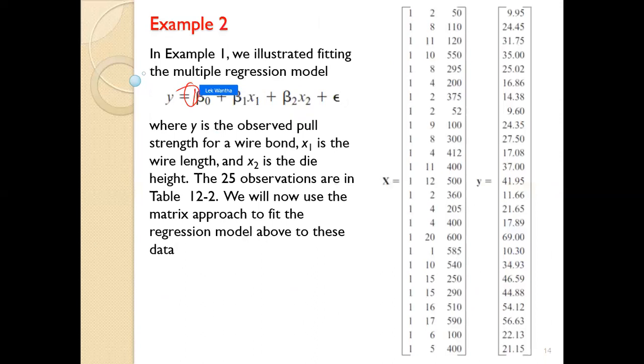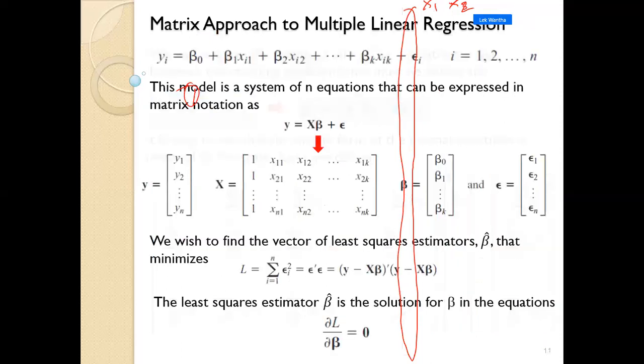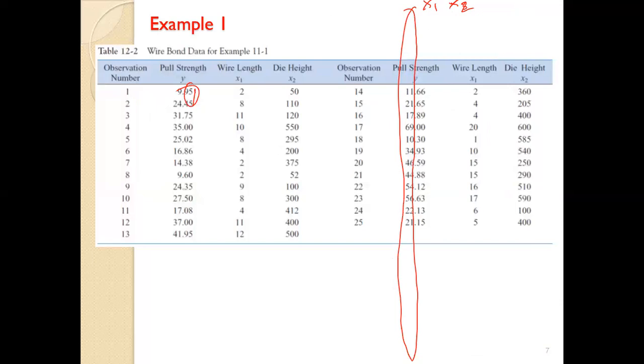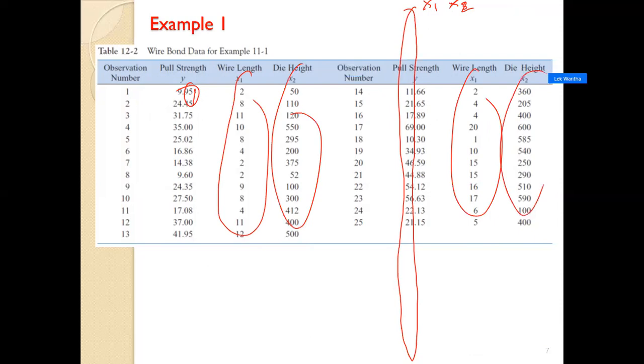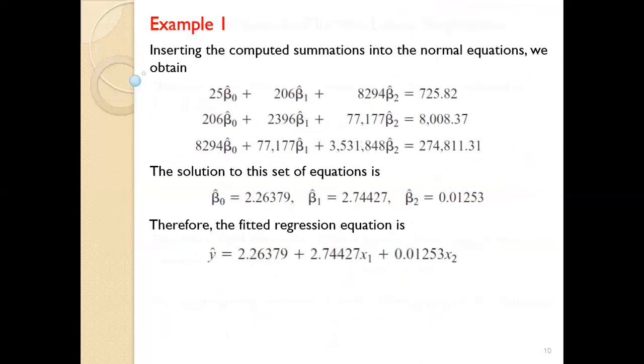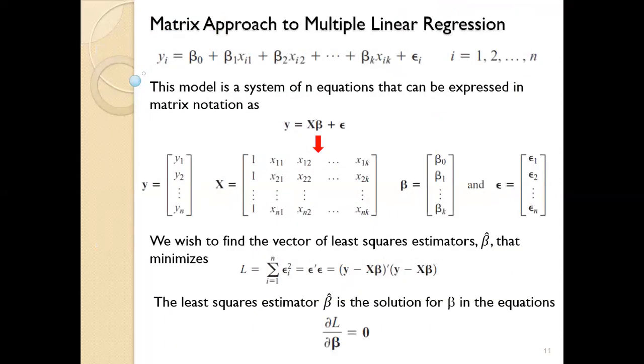We represent the first column as one, the second column is x1, the third column is x2. This comes from the data. The second and third columns we represent by x1 and x2. The first column is represented by 1 because the coefficient multiplied by beta 0 is 1.